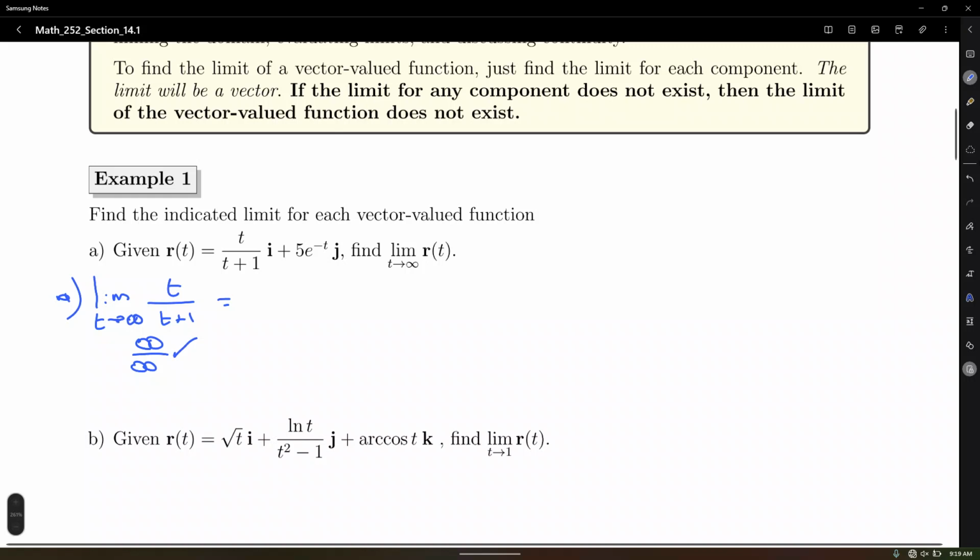Or if you learned L'Hopital's rule, which you know by now, use L'Hopital's rule. That's going to give us the derivative of the numerator over the derivative of the denominator, which is 1 over 1 plus 0, which is simply 1. Okay. So we are computing the limit of 1 as t approaches infinity. This is simply going to be 1.